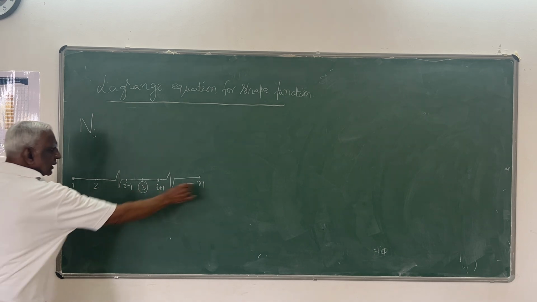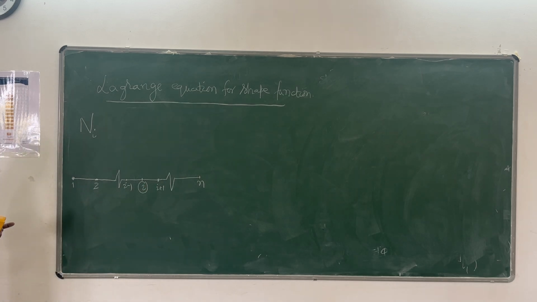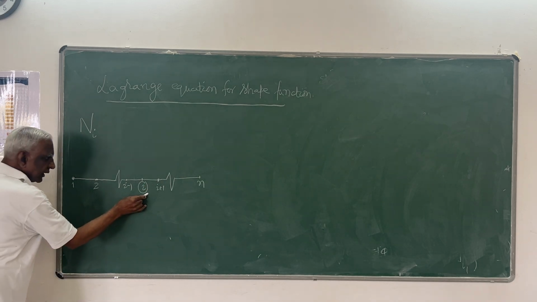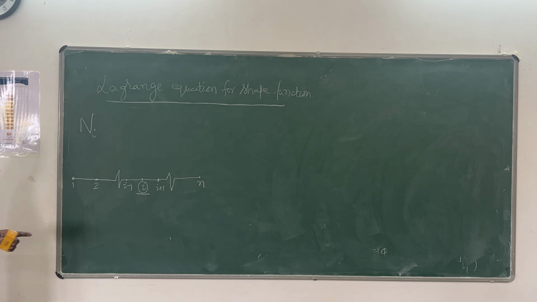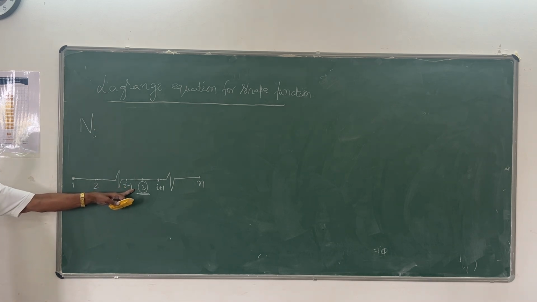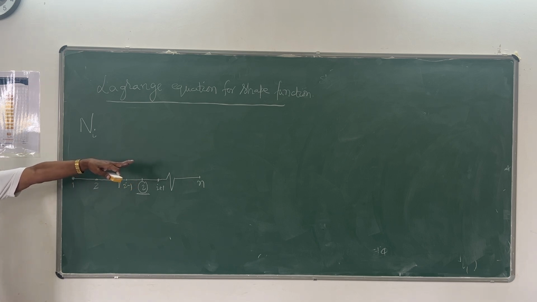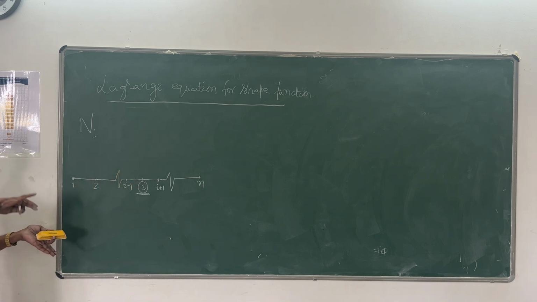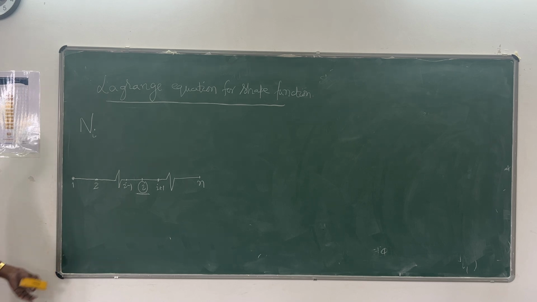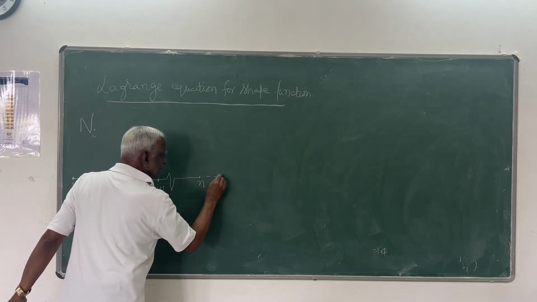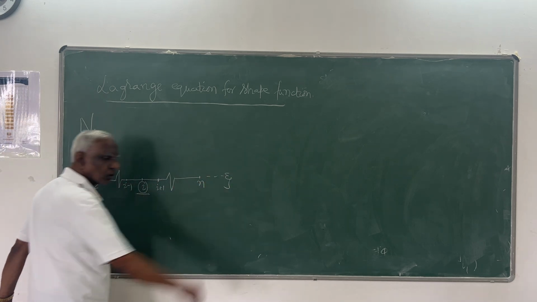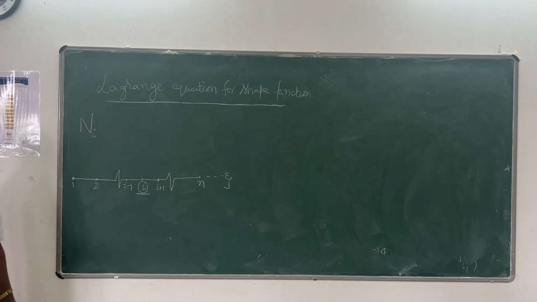So suppose you have a line like this. Suppose you want to determine the shape function at any point, either in the Cartesian form or in the natural form. Suppose I take the natural coordinates psi, eta, instead of x, y.